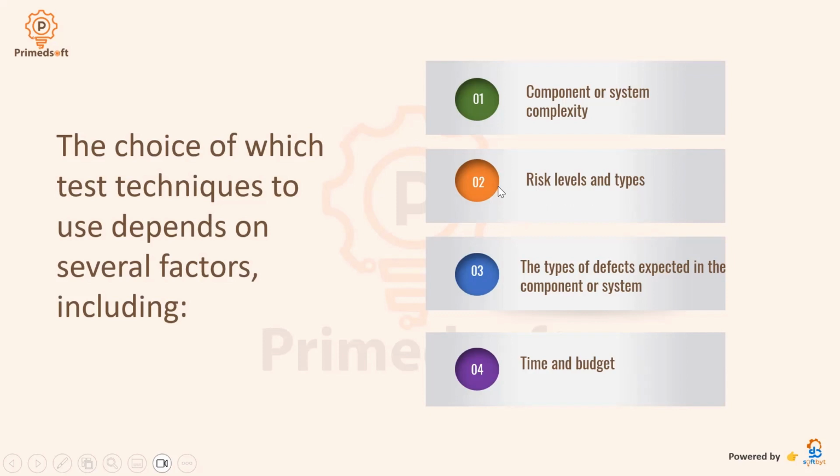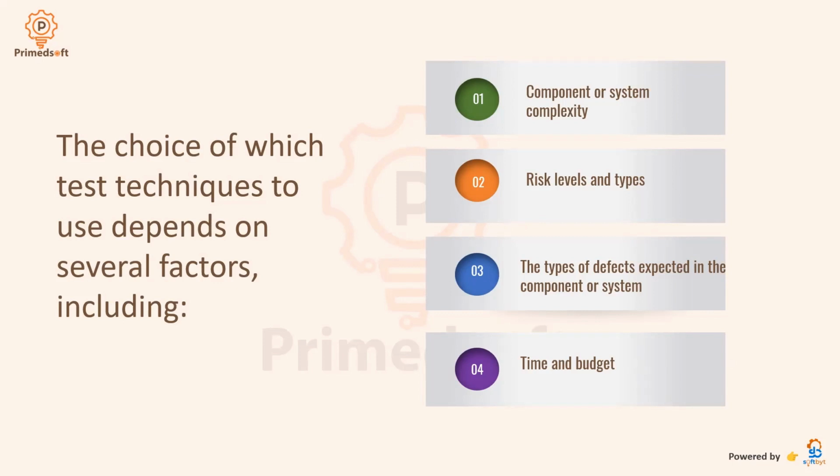So the next one is the type of defects expected in the component or system. When you are expecting certain types of defects, let's say, for example, you are testing software that only accepts age 18 and above, you know that there are chances that defects could occur, where a 17-year-old would want to register or have access to that software, and it will allow the person.